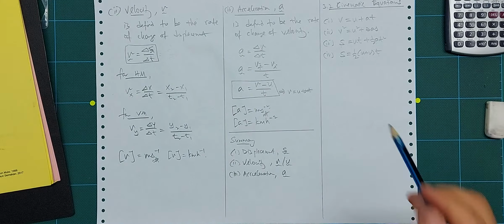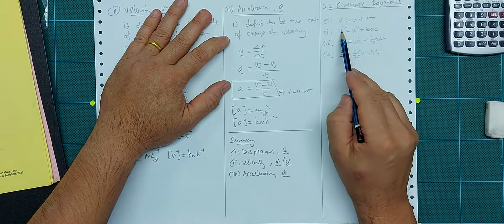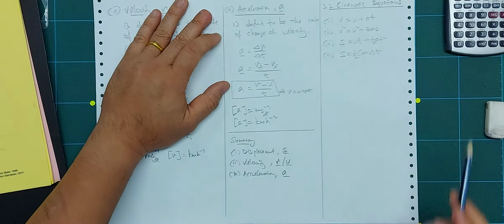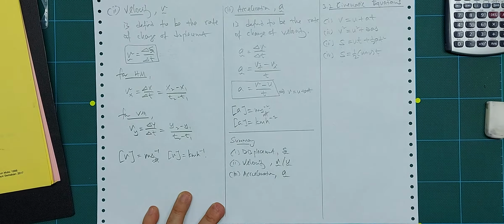You see, each equation has 4 parameters. To know one of the values, you need to know 3 other values.